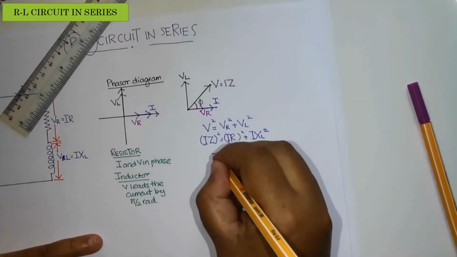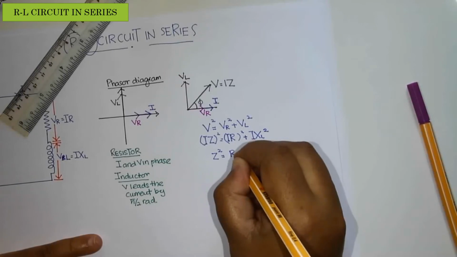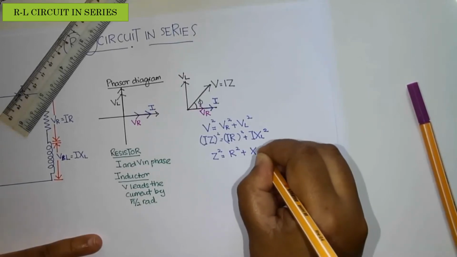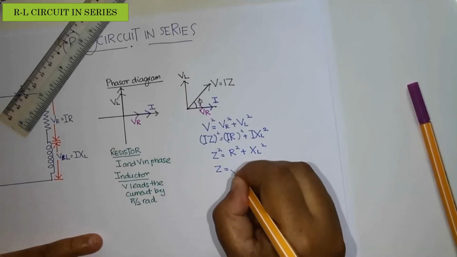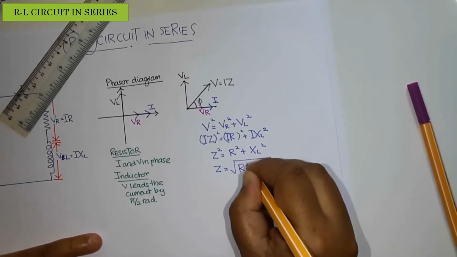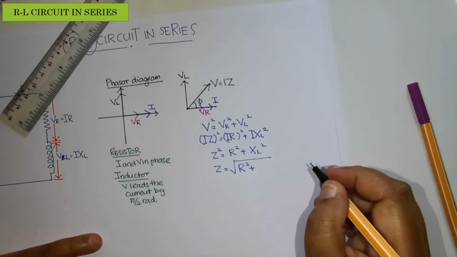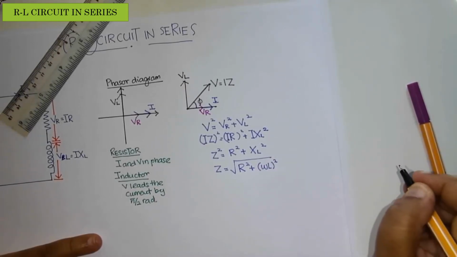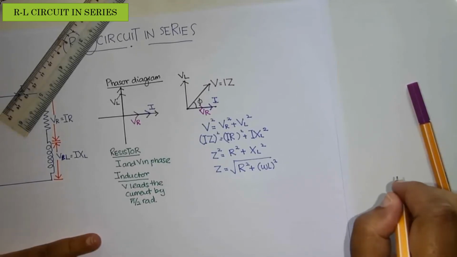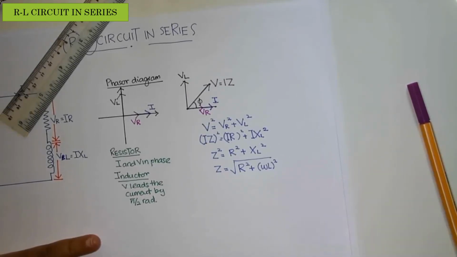We cancel the I, and we get Z squared equals R squared plus XL squared. So Z equals the square root of R squared plus XL squared, where XL is omega L, so omega L squared. So this is the formula.